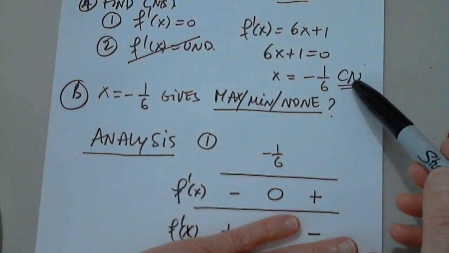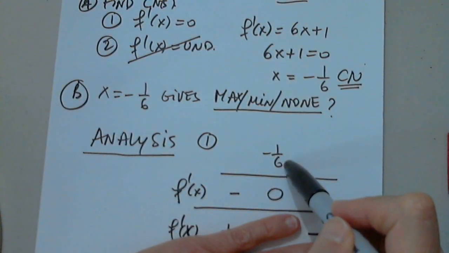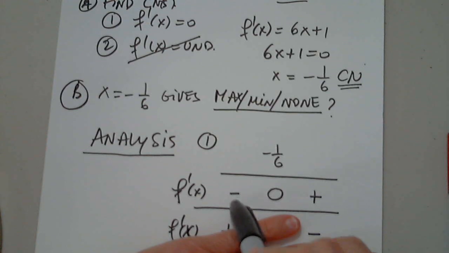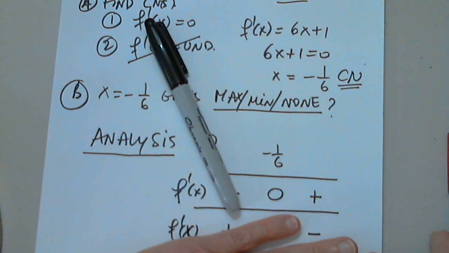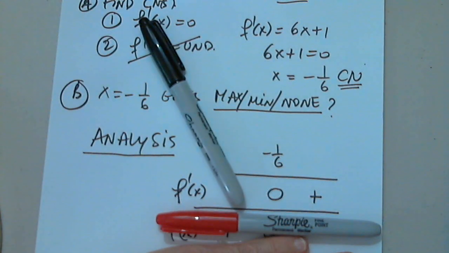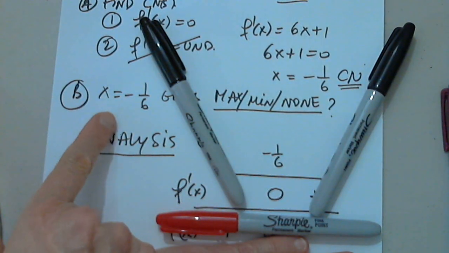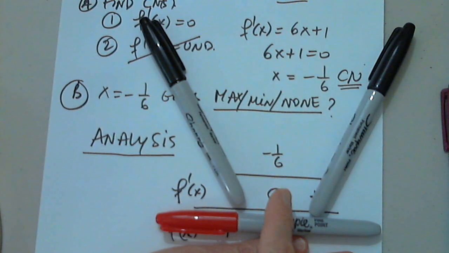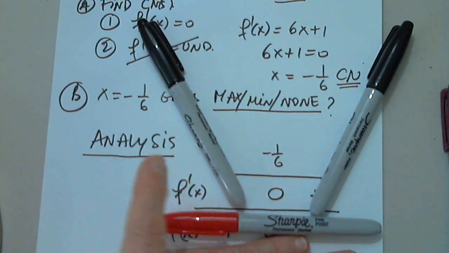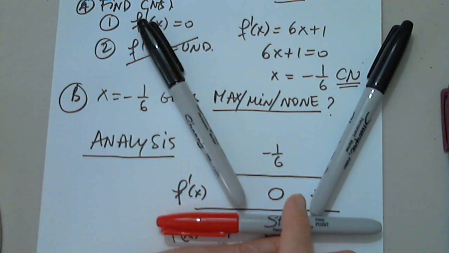If we find the critical number as negative 1/6, and the derivative is negative on this side, 0, and then positive, what does x equals negative 1/6 give? Or what does it represent for the function?